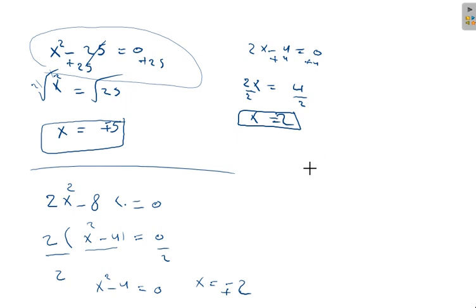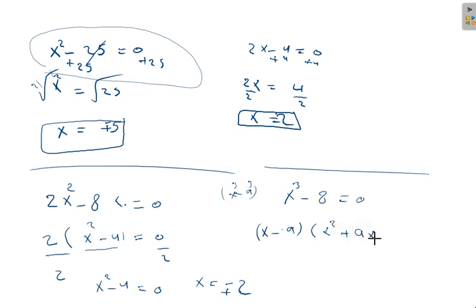It can also be a cubic. For example, x cubed minus 8 equals 0. It can be factorized using the standard form of a difference of cubes: if I have x cubed minus a cubed, then it is x minus a multiplied by x squared plus ax plus a squared.